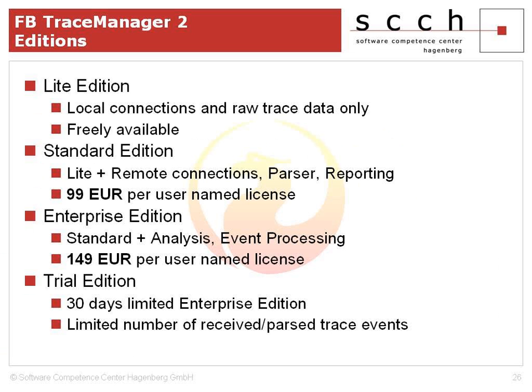You have the parser included, and the reporting module included. Then there is the enterprise edition, which basically does everything: standard plus the analysis module and the event processing module. There's also a trial edition, which is the enterprise edition for 30 days, but with one restriction, that the number of received parsed trace events is limited to a particular number. So that's the restriction here.